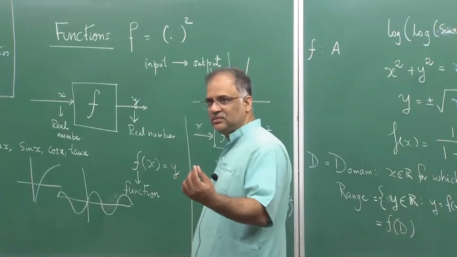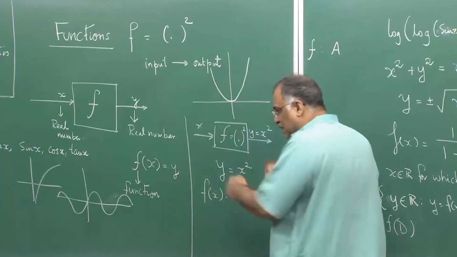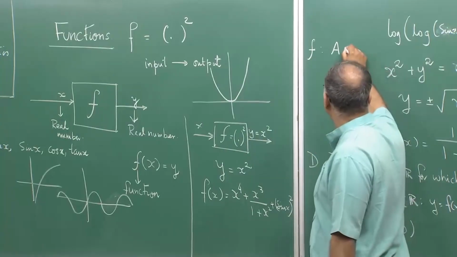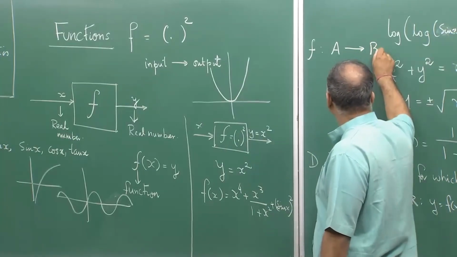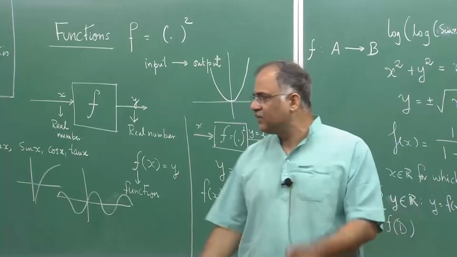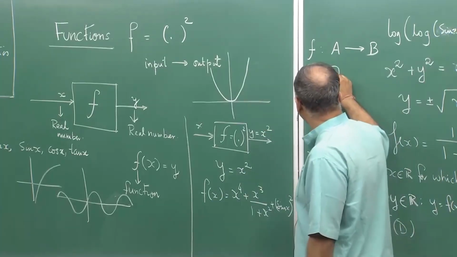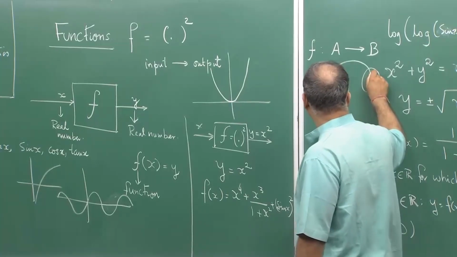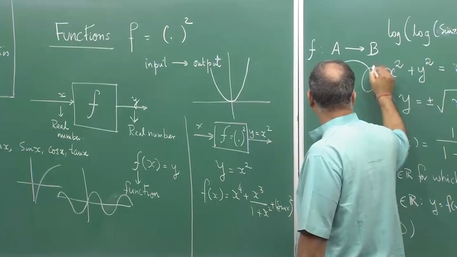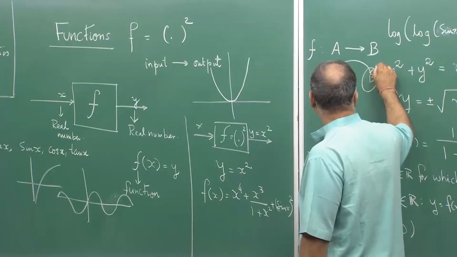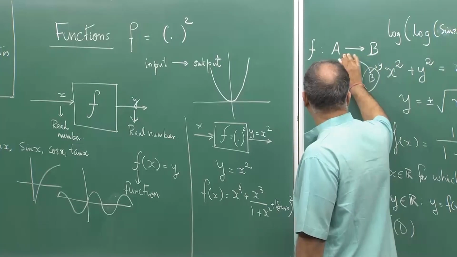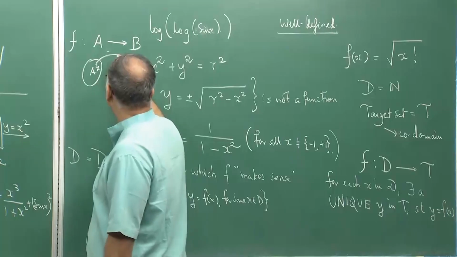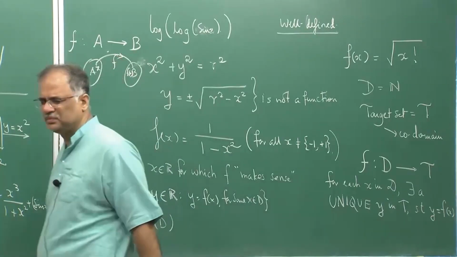It tells you the way of operating with the given variable, which takes an x from A. A and B are non-empty sets, of course. It takes an x from A and puts it in B, so x and this is your y, or f(x), and f is the rule which is doing so.